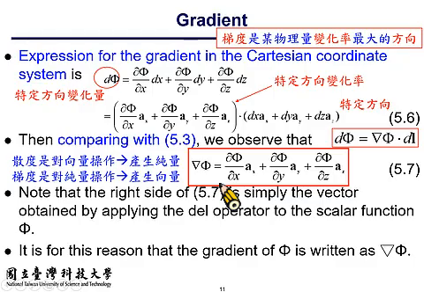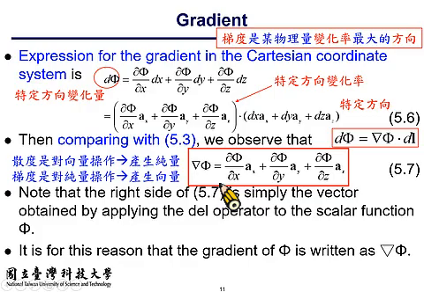The gradient operator is a spatial derivative performed on scalars, which are pure quantities, not vectors. So this slide shows the gradient operator, its operation, and its physical significance.